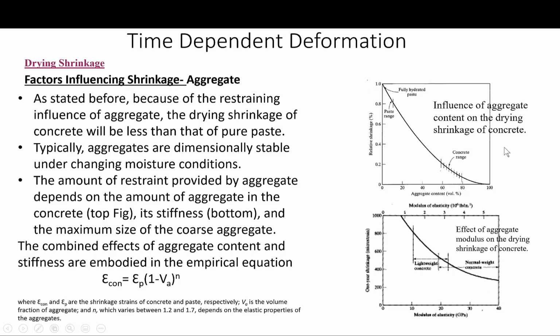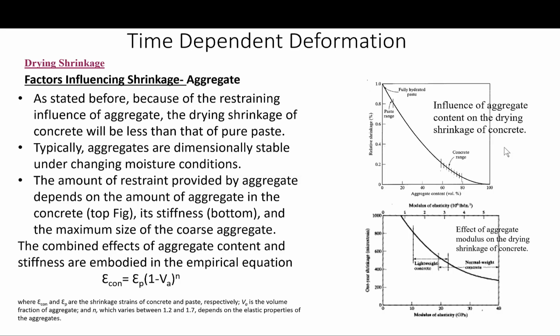Okay, so the stresses at the cement paste aggregate interface due to drying shrinkage increase as the maximum aggregate size increases. These higher internal stresses will increase the amount of cracking in the interfacial zone.